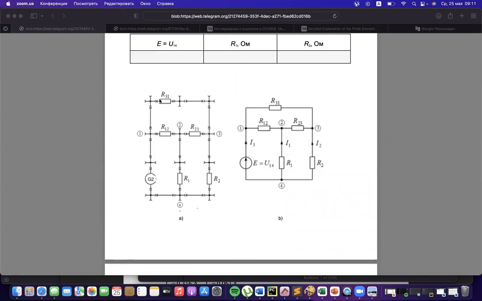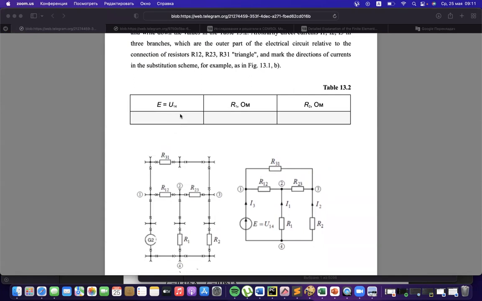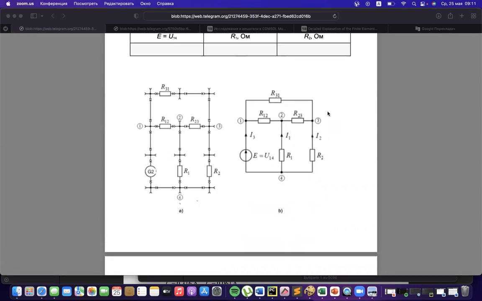It means that you have this type of transformation, R1, R2, R3 as initial data. Also, you have electromotive force and 2 initial resistors here.